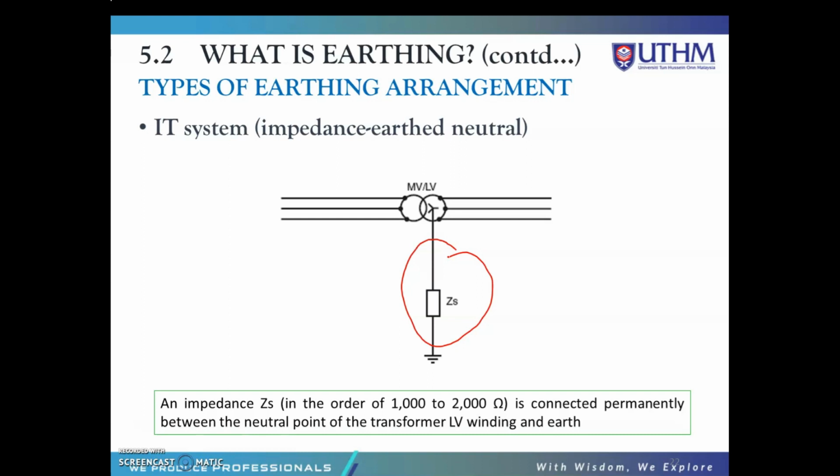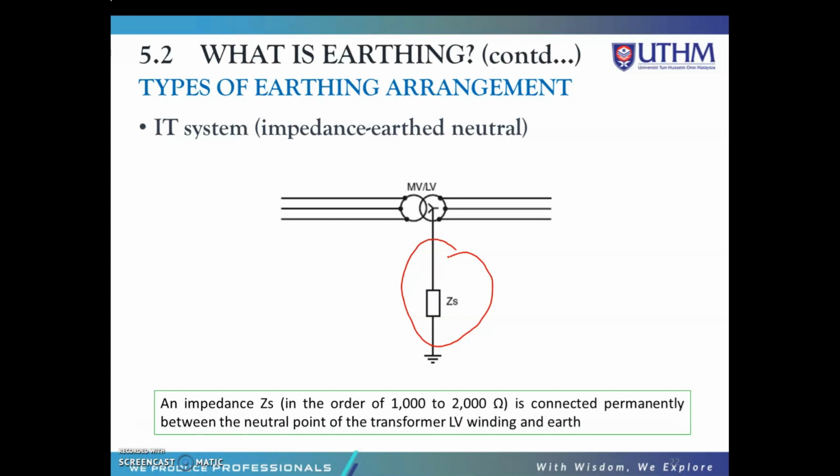For example, in a low voltage 3-phase 3-wire system, 1 kilometer of cable has a leakage impedance equivalent to 3 to 4 kilo ohms. So this impedance ZS of 1 to 2 kilo ohms is connected permanently between the neutral point of the transformer low voltage winding and the earth.